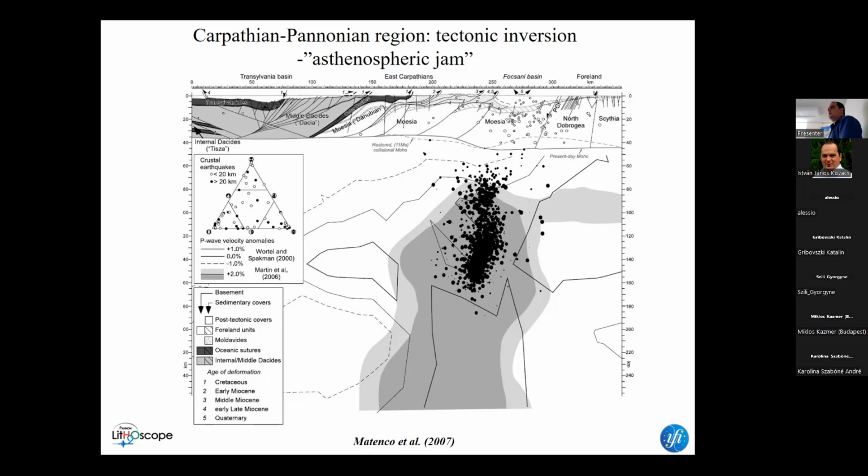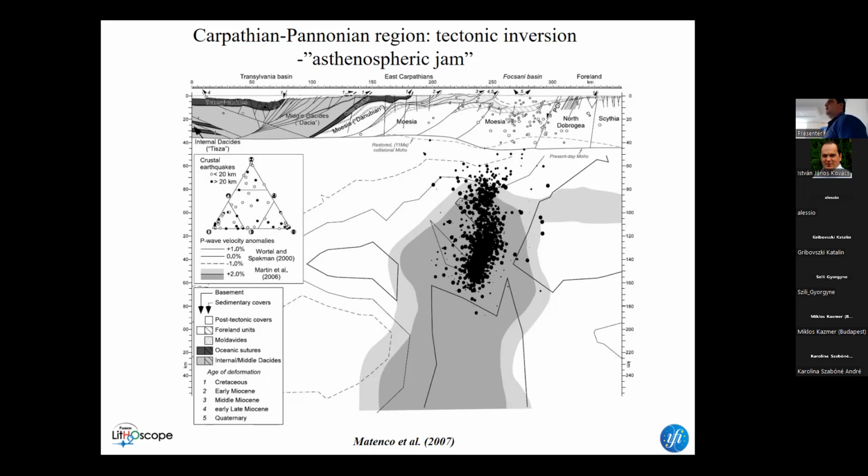If you go to the Alps, the suture is horizontal and the slab is vertical. So for me, this is the normal way of life, how we see it. We have a suture, and the present-day slab has a completely different geometry.